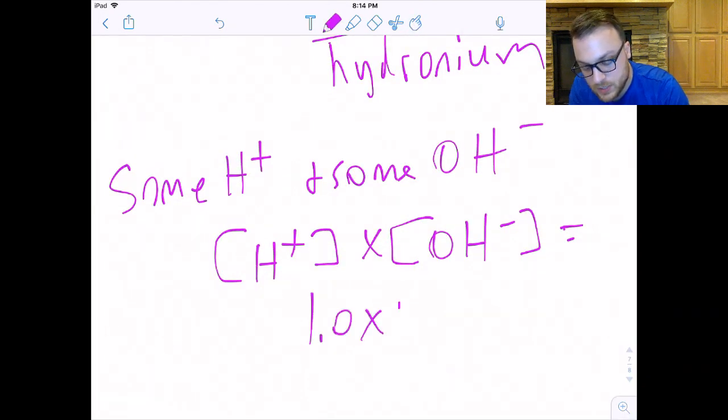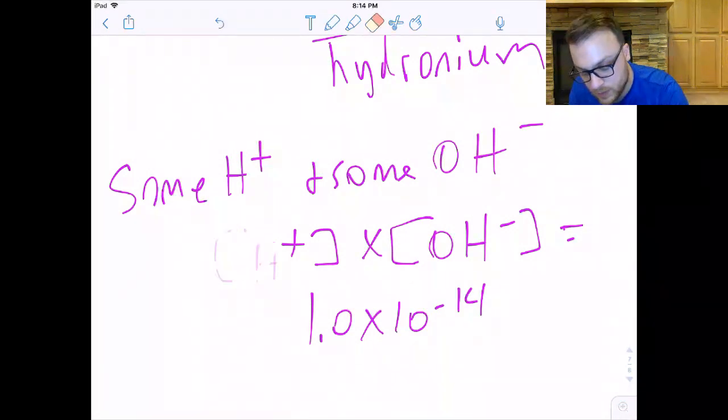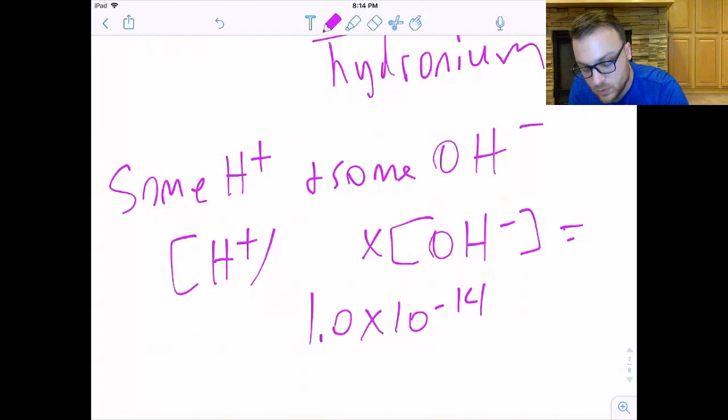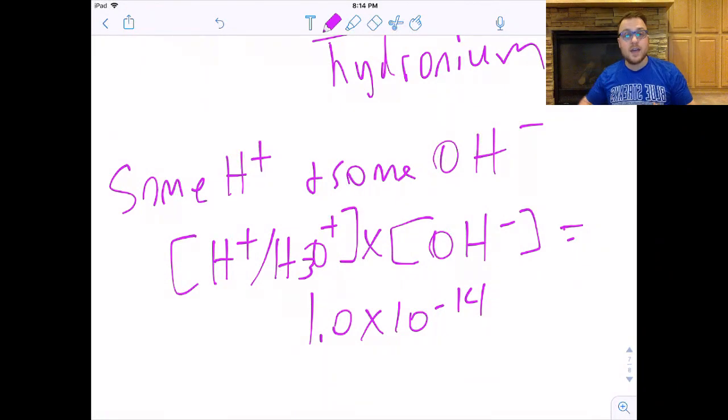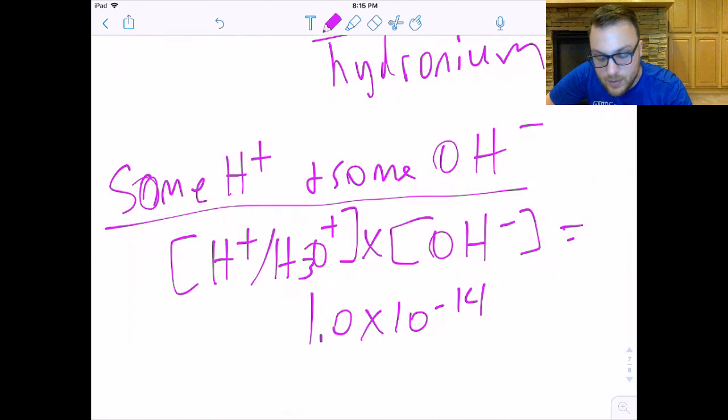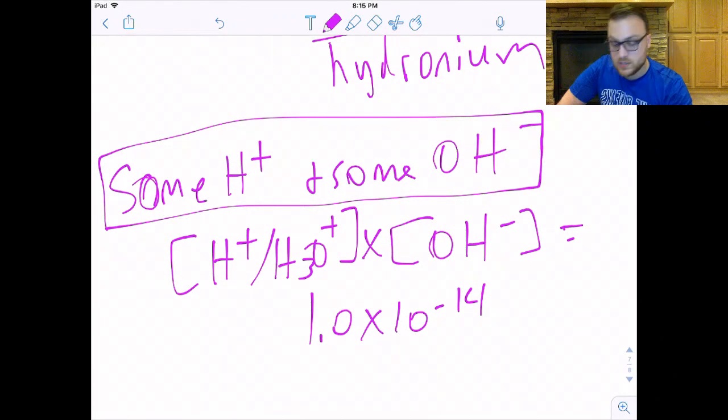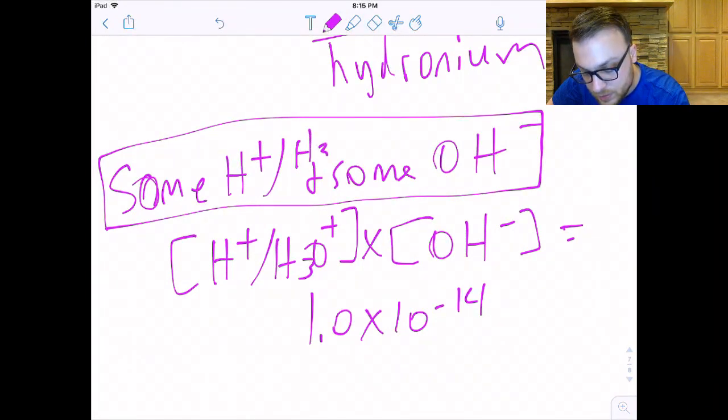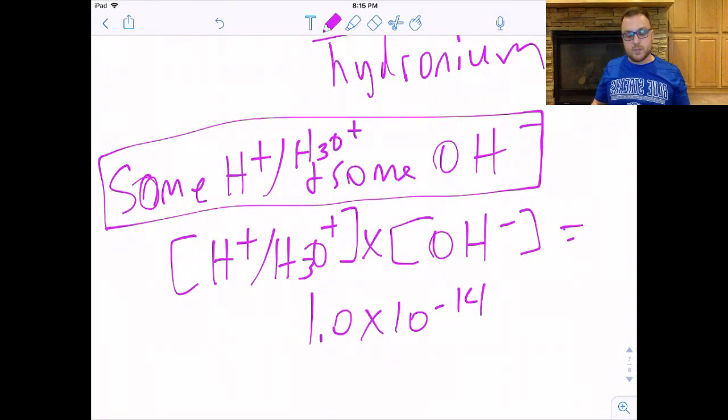You can multiply H plus or H3O plus because they go hand in hand. I'm going to keep them together for the rest of this video as much as I can remember. But every acid-base solution has some amounts of OH minus and H plus or H3O plus. So when you multiply them together, you'll always end up with 1 times 10 to the negative 14.